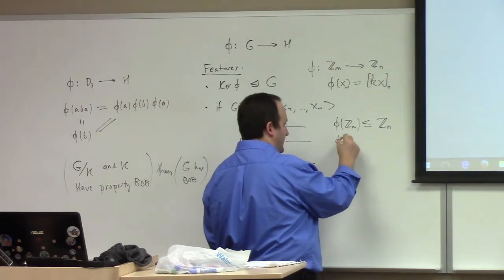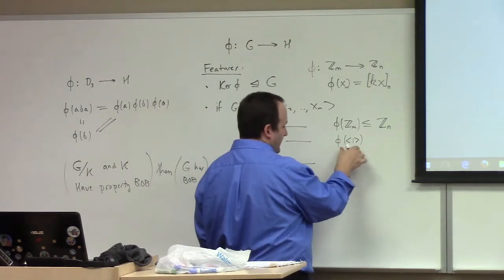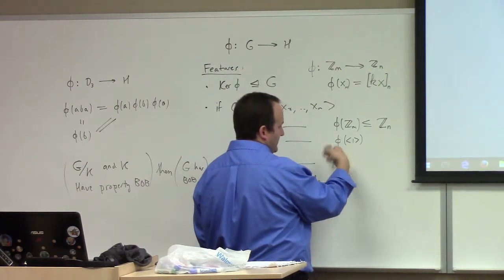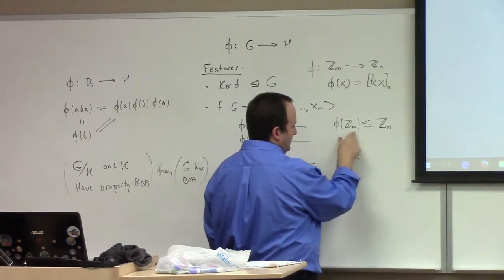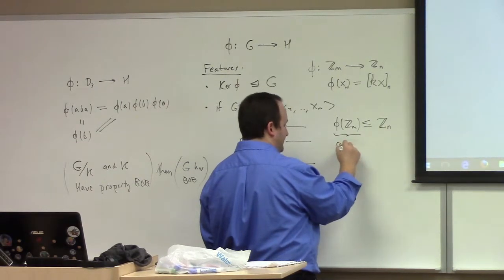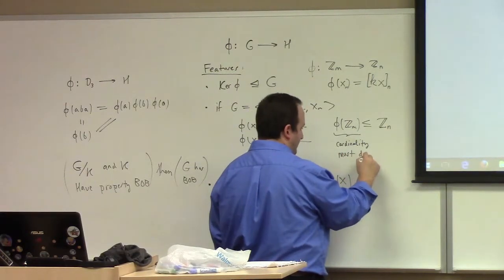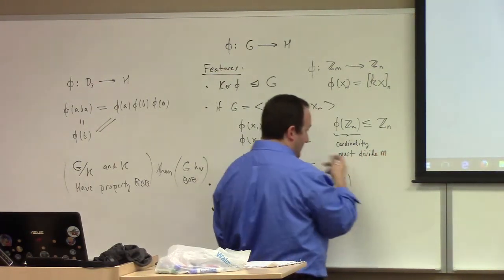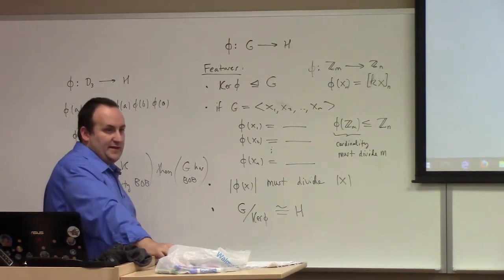So this is phi of 1, and the size of the image has to be a divisor of m, the cardinality. If it's a one-to-one map, it's got m things. It could be a two-to-one map, then it'd have m over 2 things, and so forth.